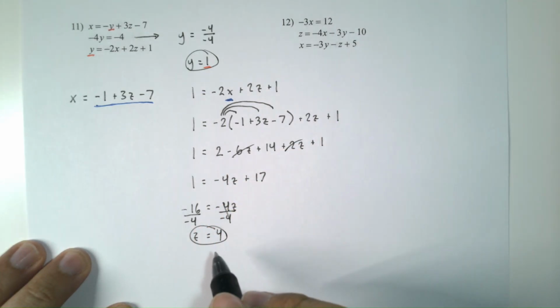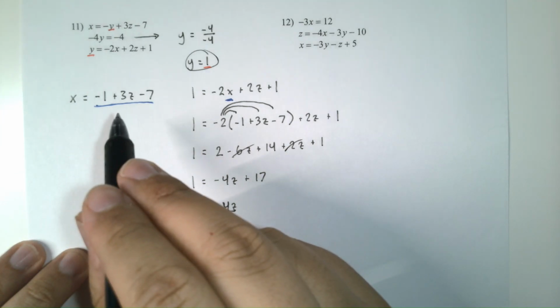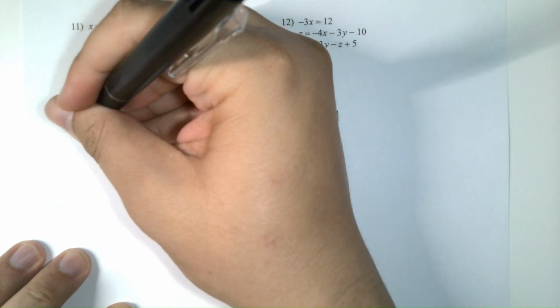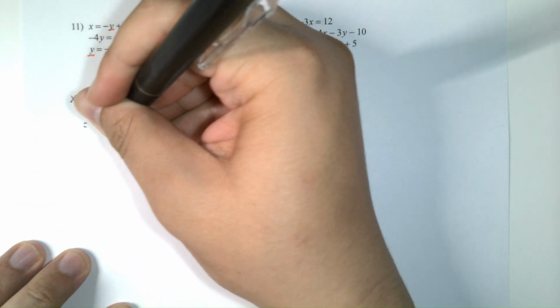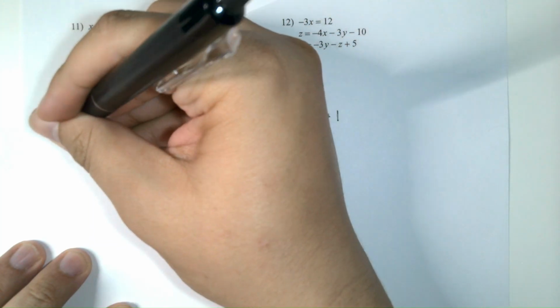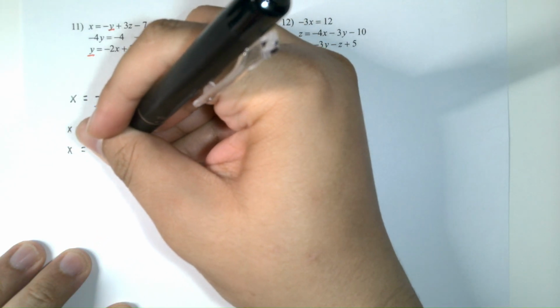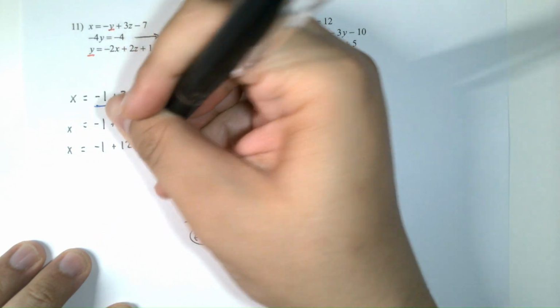Now that we know that z is equal to positive 4, we can go back to this equation and we can find what x is equal to. x is going to be equal to negative 1 plus 3 times 4 minus 7. And now we have negative 1 plus 12 minus 7.